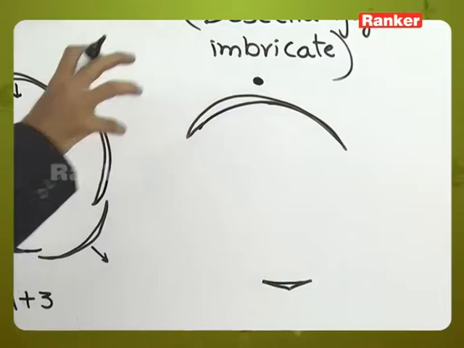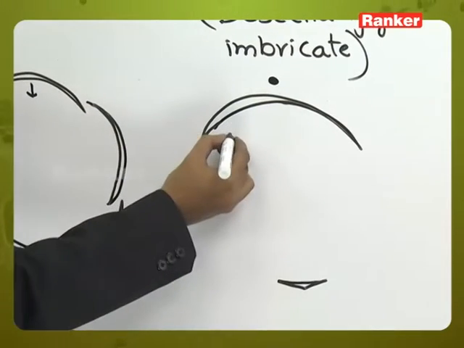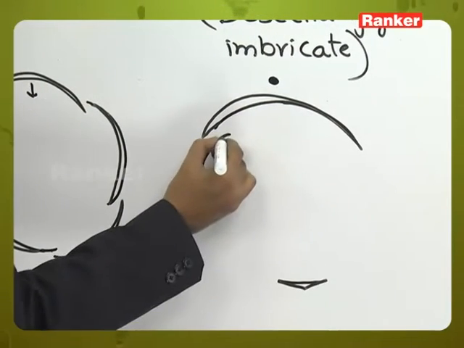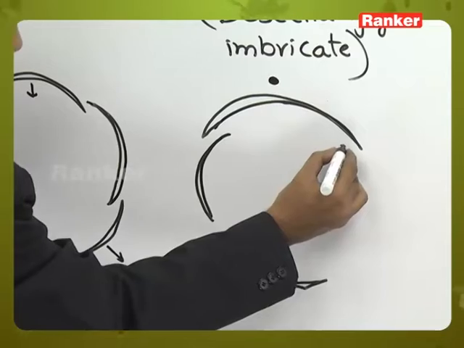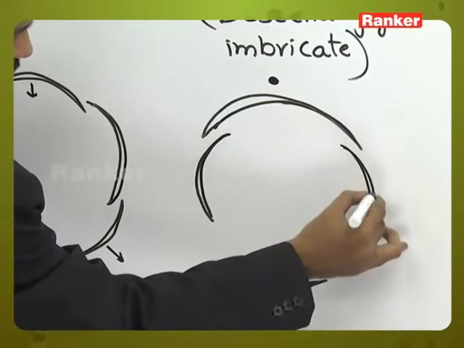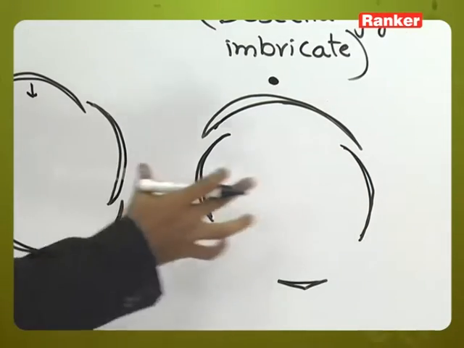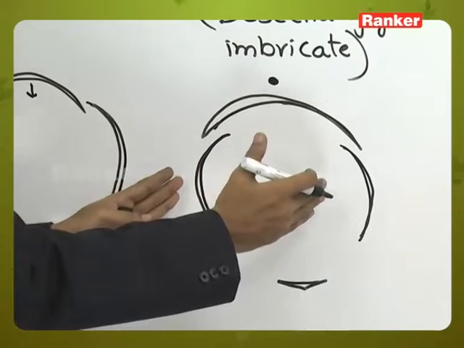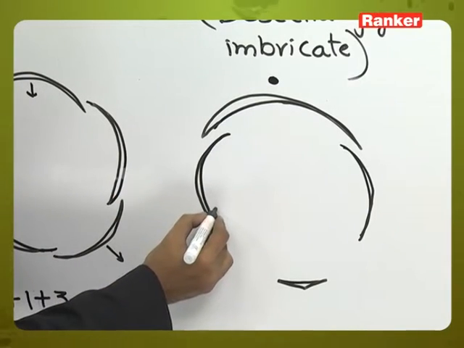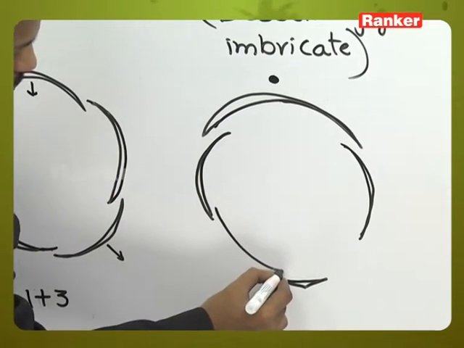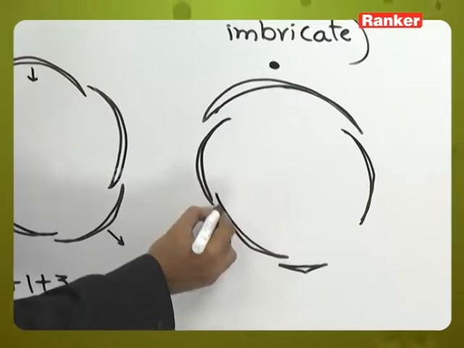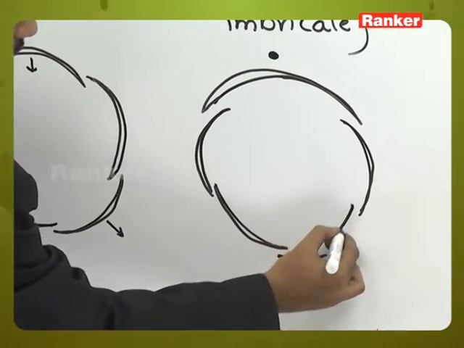One floral part is overlapping the anterior side floral parts, and these two parts are also overlapping the next two anterior parts.